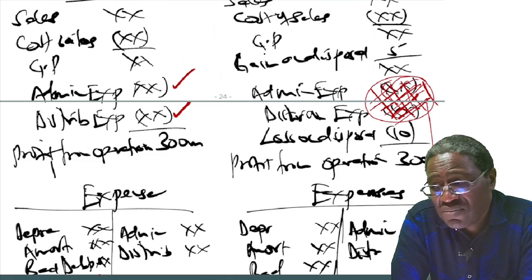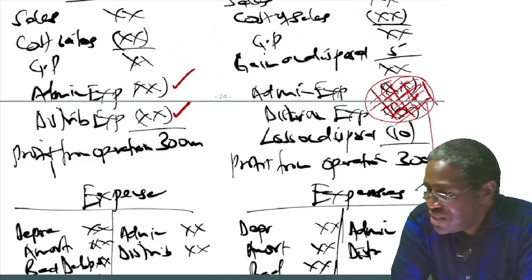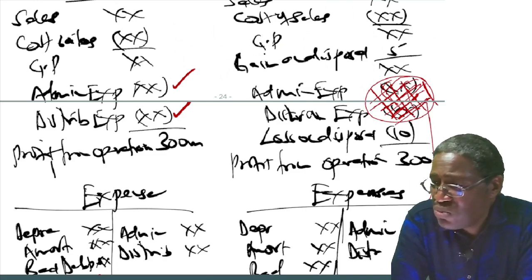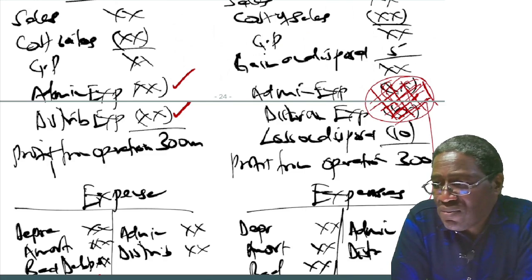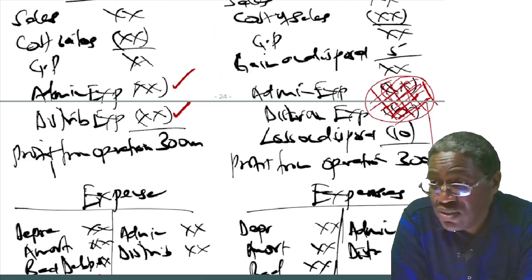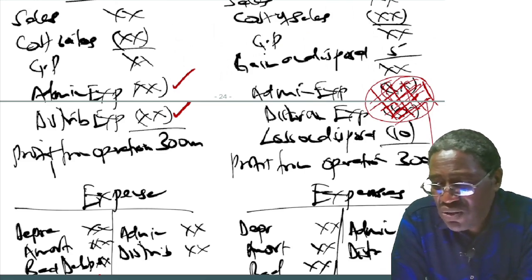Somebody suggest. Where do you think accountant A must have used the 5 million gain on disposal?